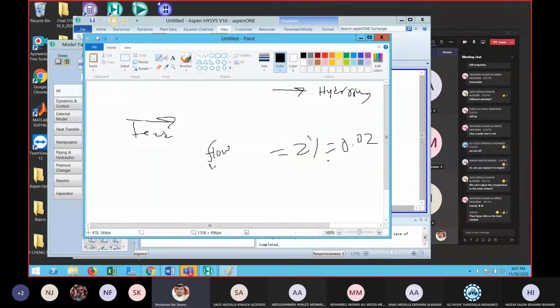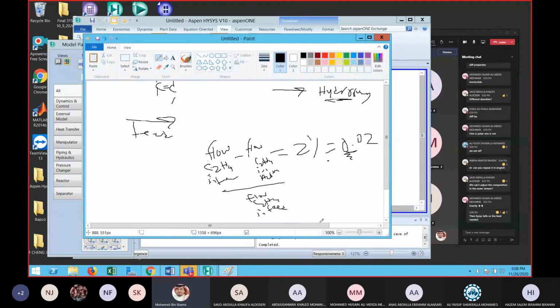So the flow of C2H4, ethylene, in the feed minus the flow of C2H4 in the hydrogen stream, this one, the H2 stream, over the flow of C2H4 in the feed.